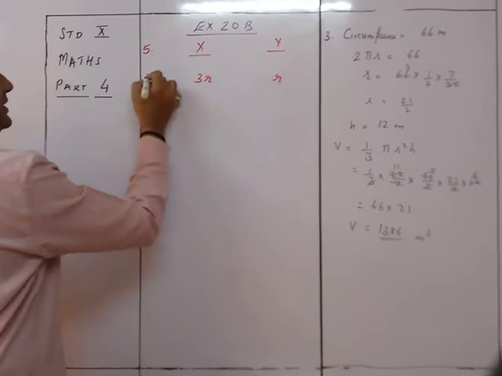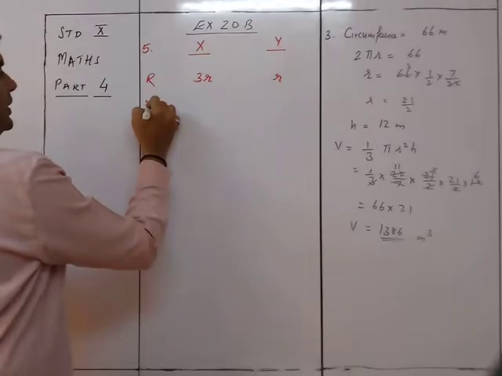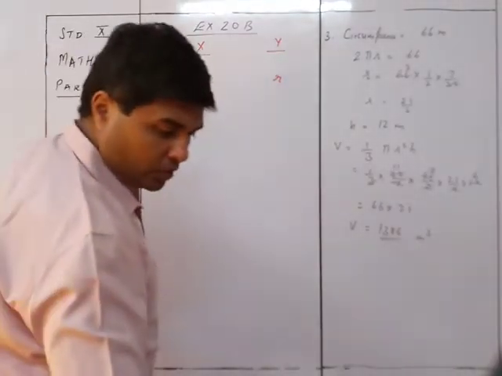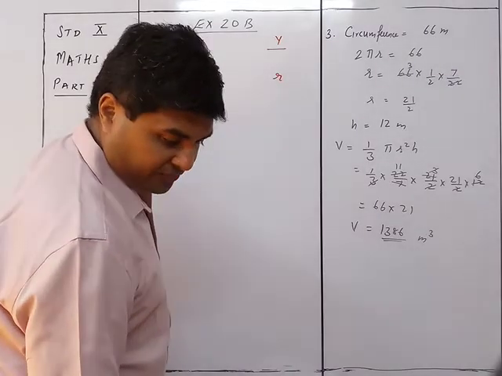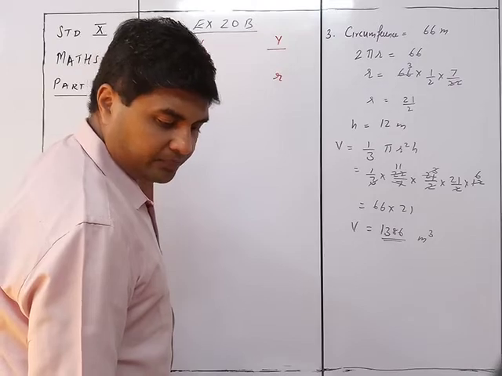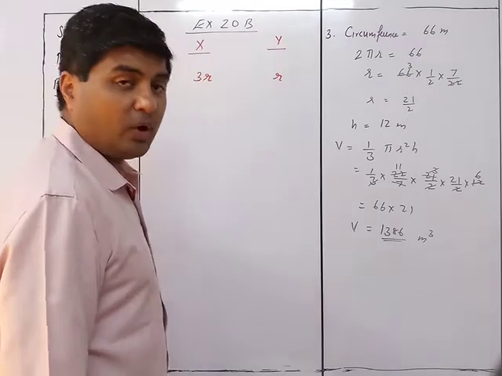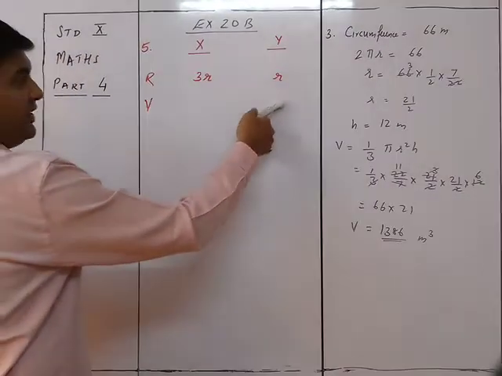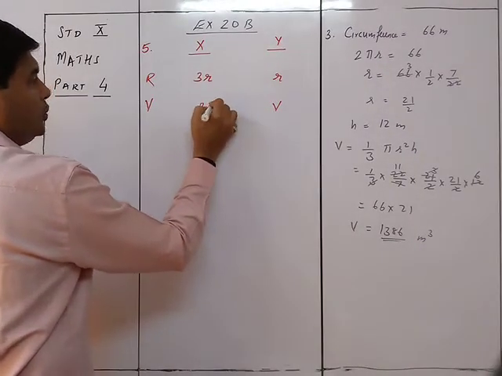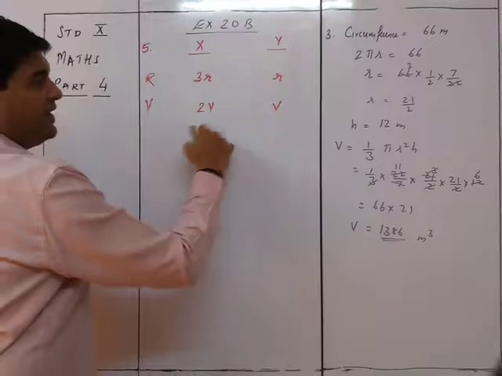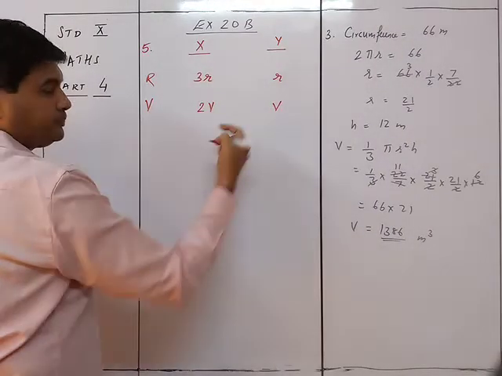Okay, so the radius is 3 times, and volume wise it is given that y has half the volume of x. So if this is v, this is going to be 2v because y has half the volume of x.